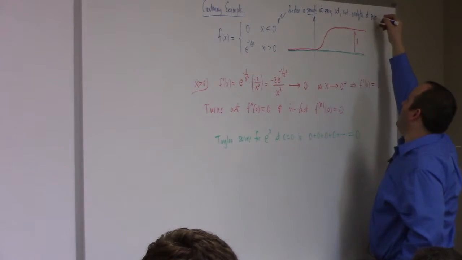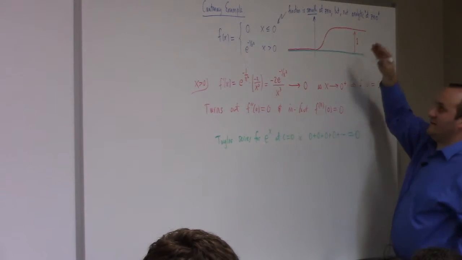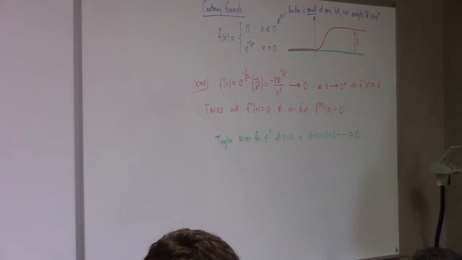When I say analytic at 0, what I mean is there doesn't exist a neighborhood of 0 on which it's analytic. It doesn't matter how far you zoom in, to the left and to the right of 0, you cannot match this function with its Taylor series. You would not be able to show that the remainder goes to 0 for this function if you tried to do it. Okay?